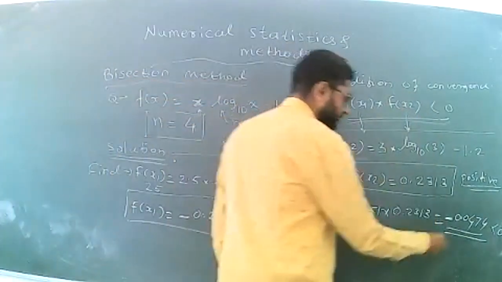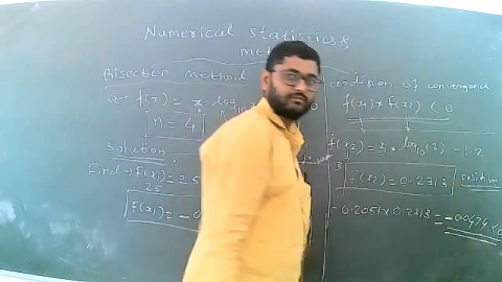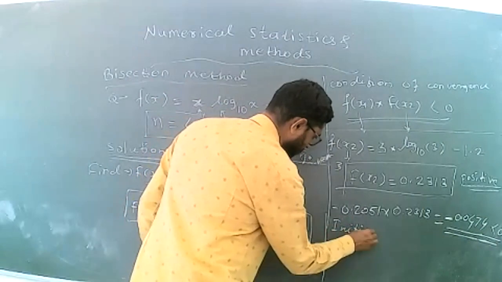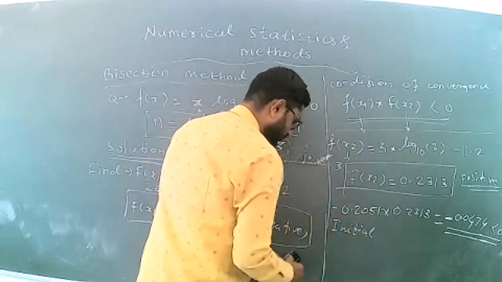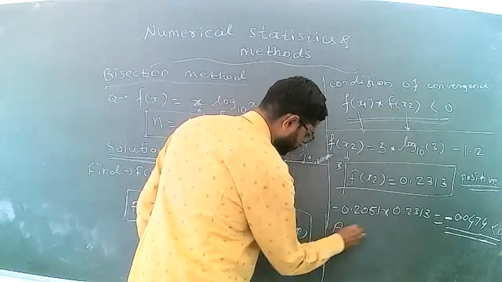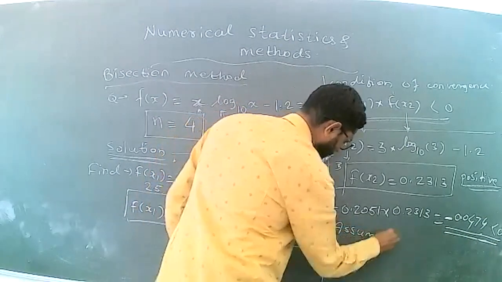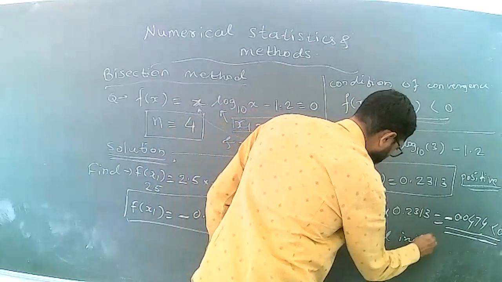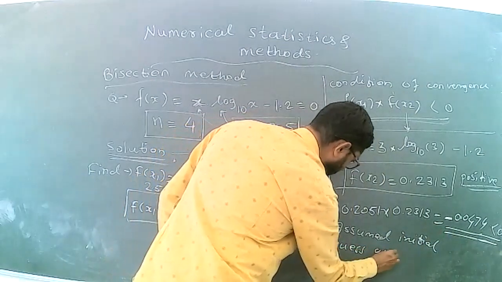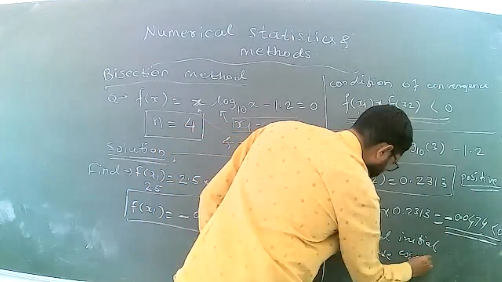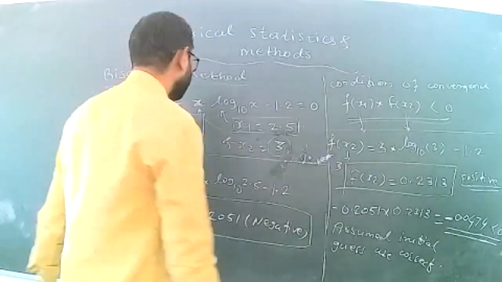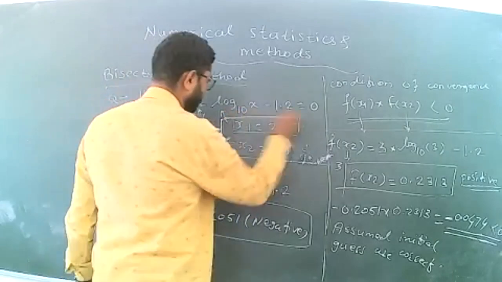What is the meaning of this? The meaning is that our assumed initial guesses are correct. Which initial guesses?